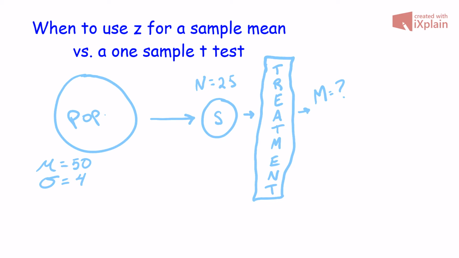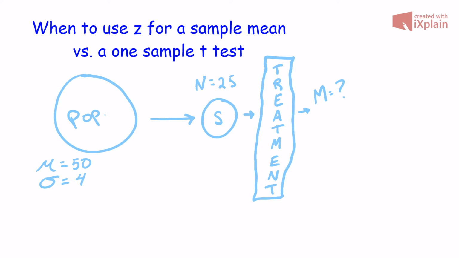We treat the entire sample, and the question is, what's the mean of the sample after treatment? And like before, what we're trying to decide is any variation between this sample mean and this population mean. What's the most likely cause of that variation? Is it sampling error, or is it the treatment having an effect?